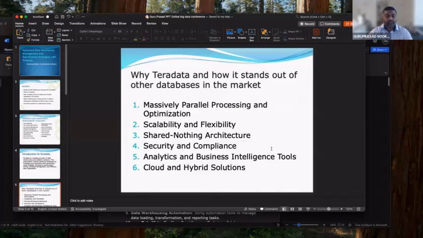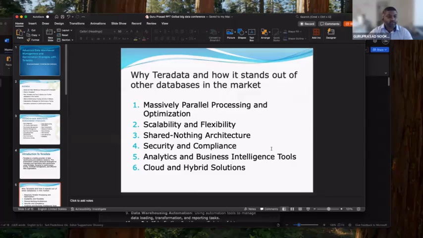Teradata also complies with various industry standards and regulations such as GDPR, the General Data Protection Regulation, and HIPAA, the Health Insurance Portability and Accountability Act. Also PCI DSS, the Payment Card Industry Data Security Standard, and SOX, the Sarbanes-Oxley Act, to meet data governance and privacy requirements.